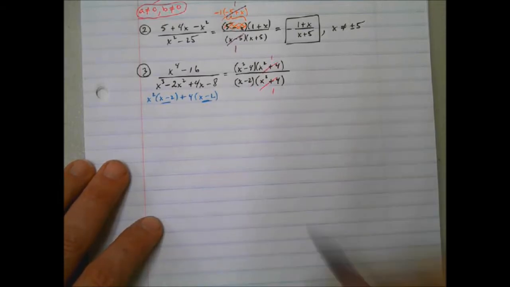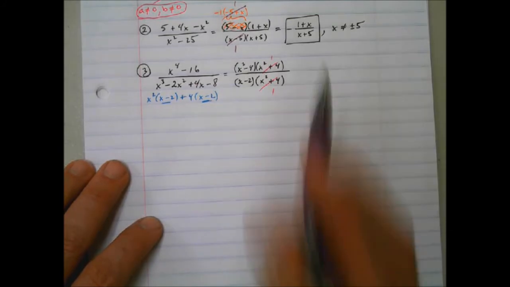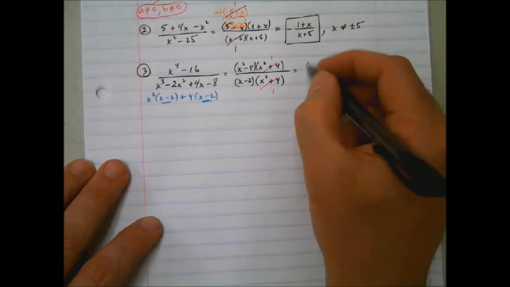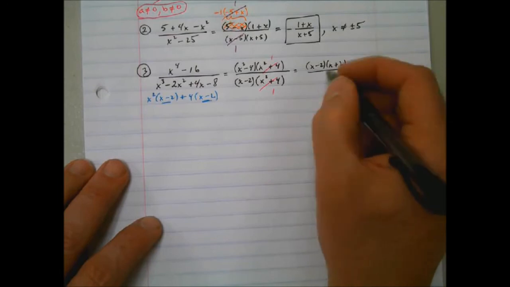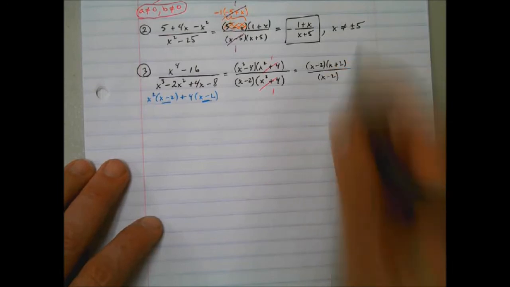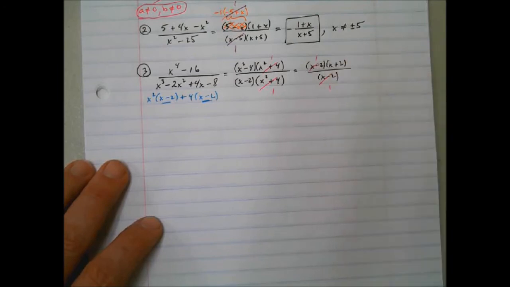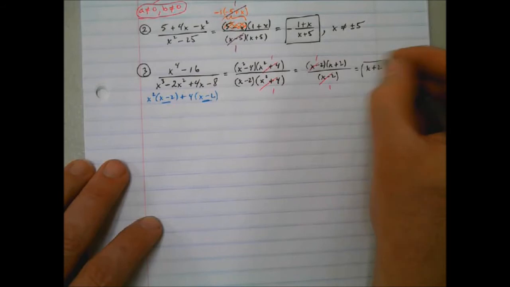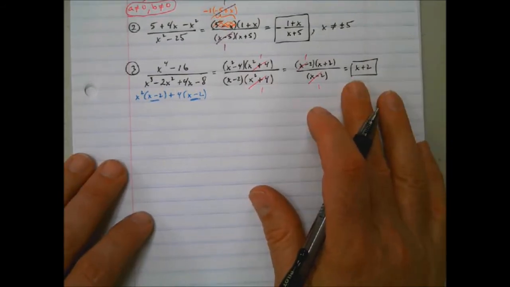And, well, x squared minus 4, isn't that difference of squares again? So we've got x minus 2 times x plus 2 over x minus 2. And so the x minus 2's reduce, and we are left with x plus 2. Okay, so x plus 2.